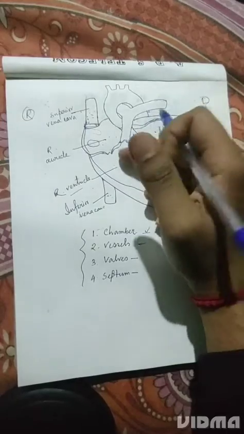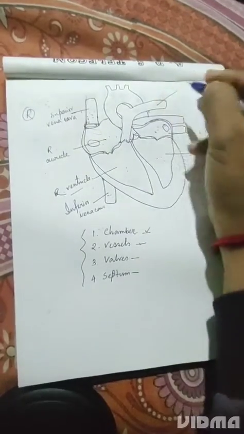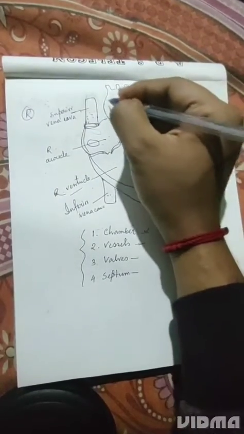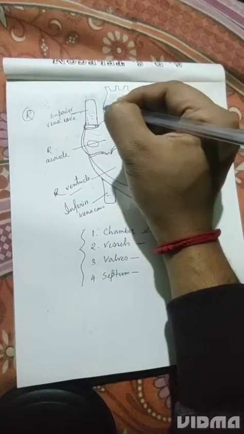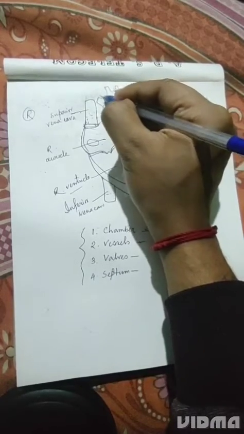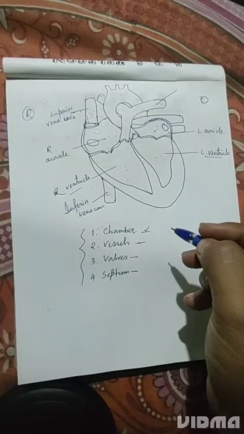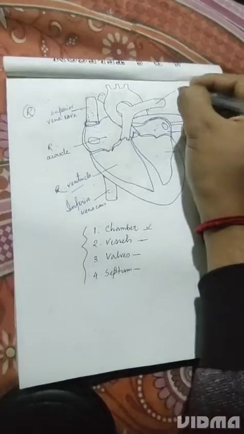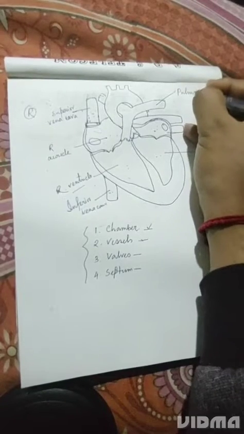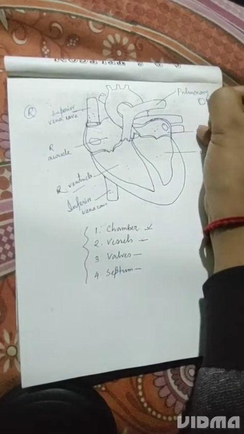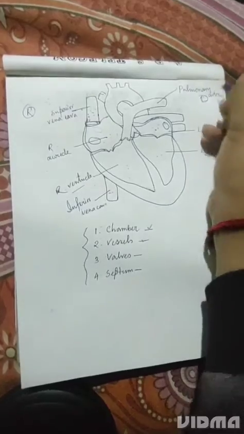After that it goes to this vessel, which is a bifurcated vessel, one type of. This is called the pulmonary artery.